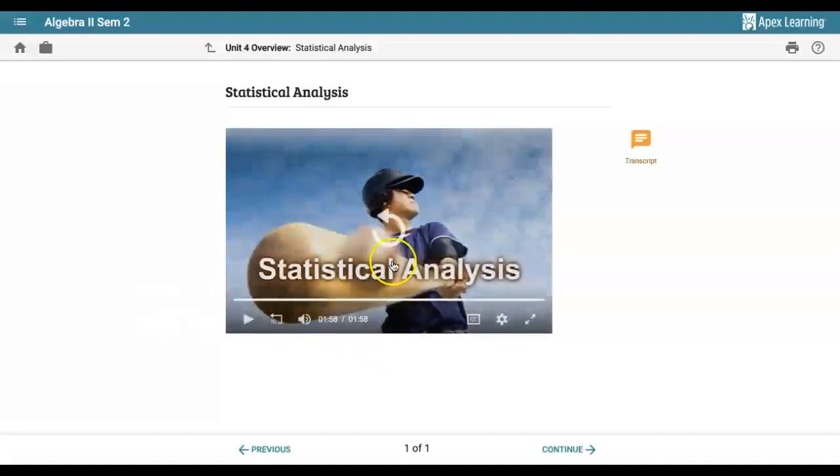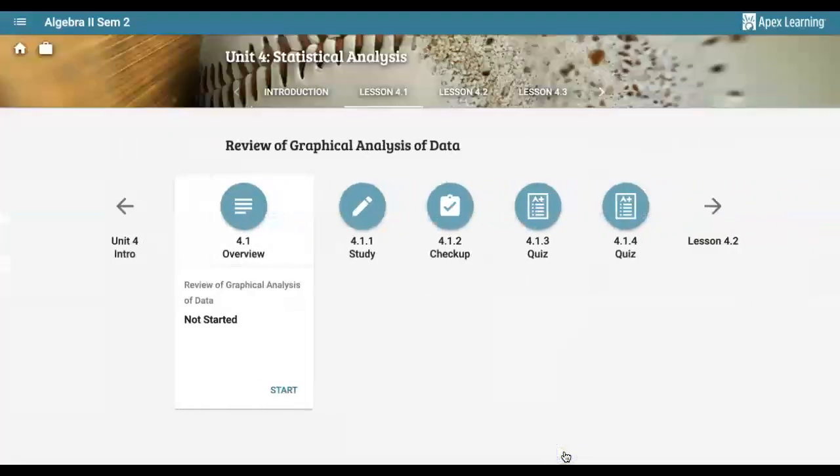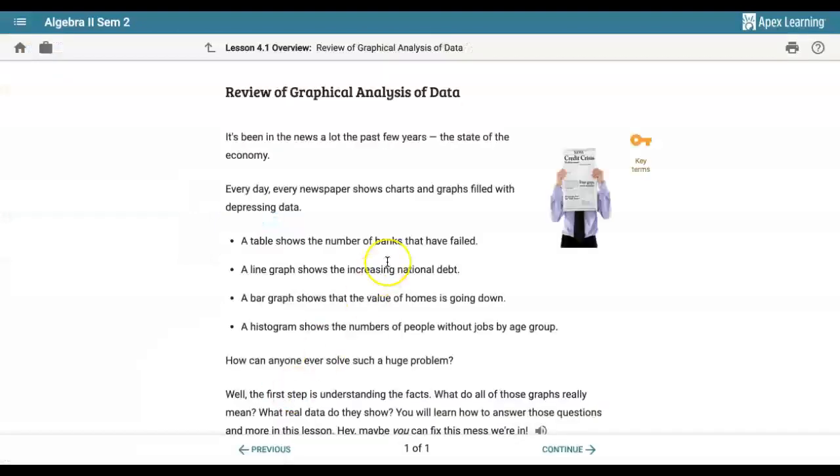Okay, so that's a good overview of what we're going to look at for these units here. Okay, so we'll start off 4.1 with a review of graphical analysis of data. All right, and so we have a lot of graphical data always available to us here.